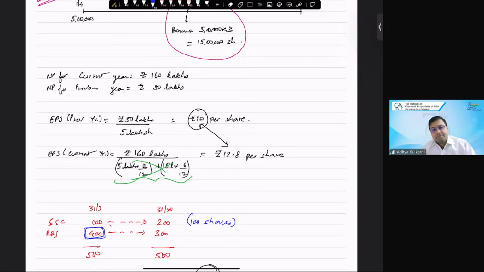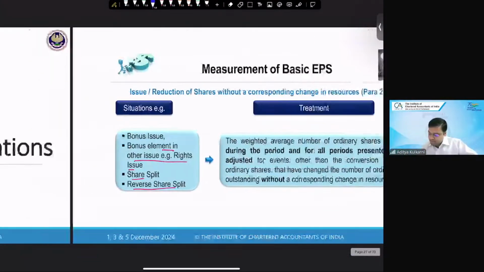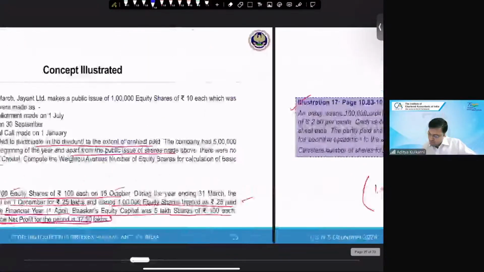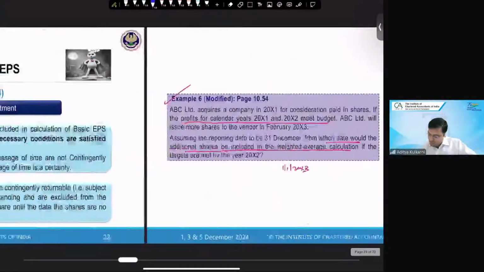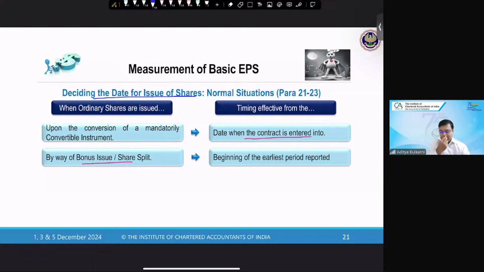And therefore, if I now come back to this, deciding the date for issue of shares by way of bonus issue or share split, timing is effective from, what is it?